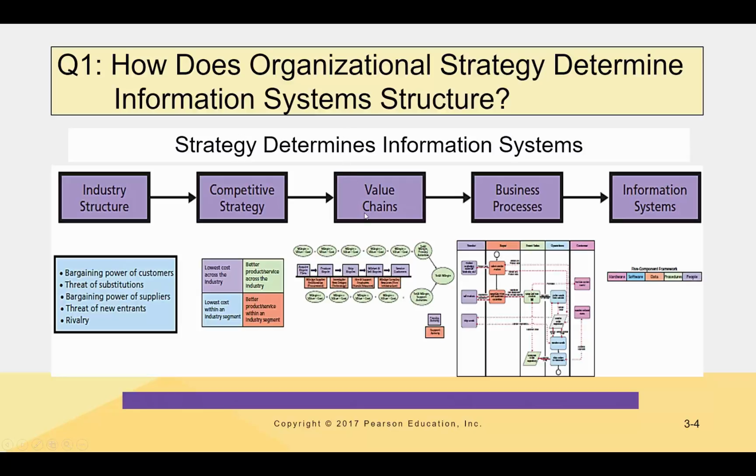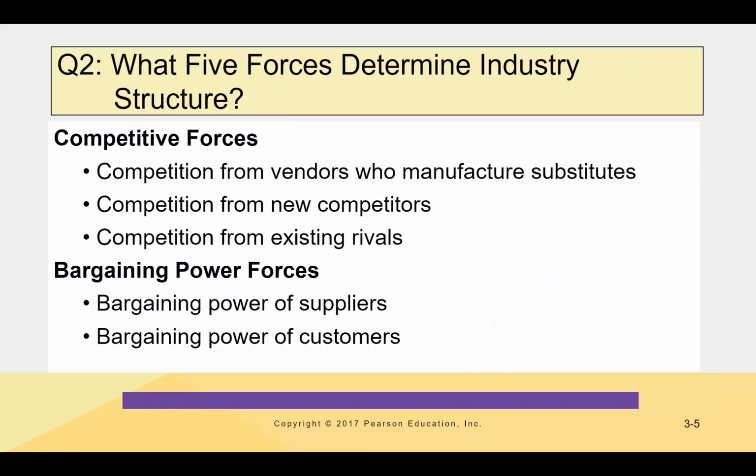That will in turn cause the value chain to change. We will mention that later. You go through the business processes, and then you have the IS that allows these components to work. So what I want you to see is not only this, but what does IS have to do with everything else.